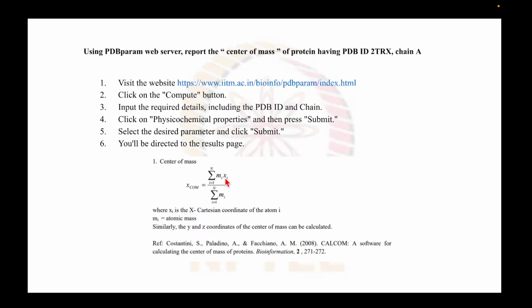It is the summation of mi times xi divided by the summation of mi, where m is the atomic mass and xi is the Cartesian coordinate. So this is for the x coordinate. Similarly, y center of mass and z center of mass will be calculated. Here the i value runs from 1 to n, where n is the total number of atoms.